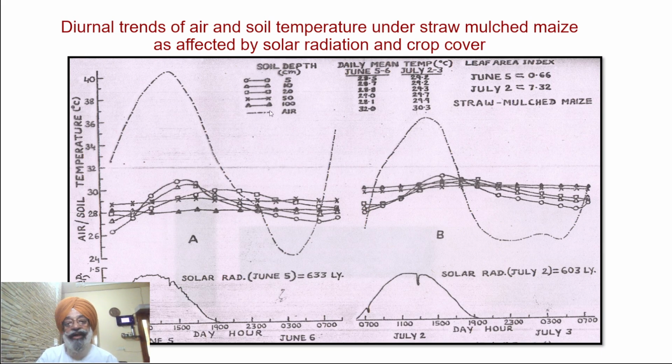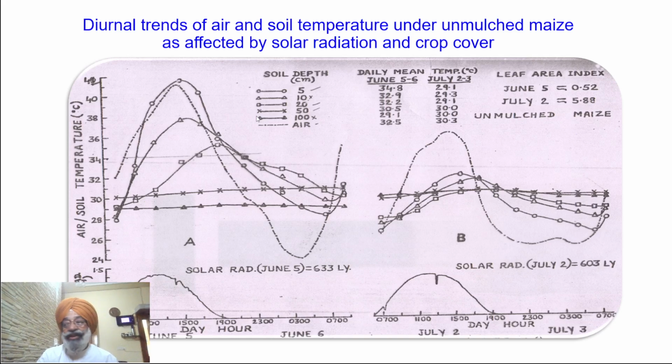And when you have unmulched, if you remember, it was 13.8 degrees centigrade diurnal fluctuation at 5 centimeter, decreased to 8.6 degrees centigrade at 10 centimeter, and 6 degrees centigrade at 20 centimeter depth.